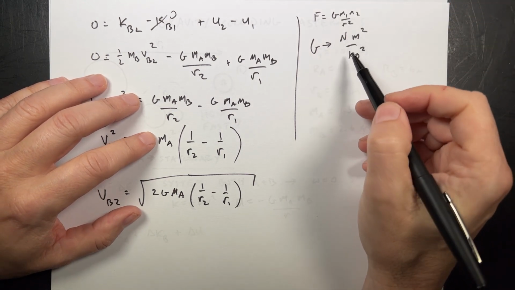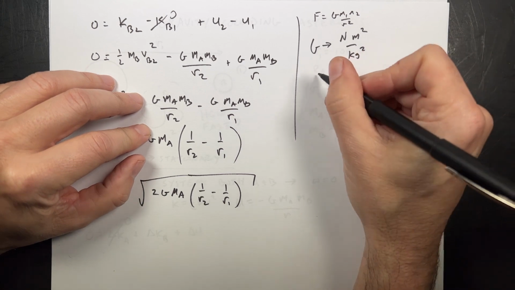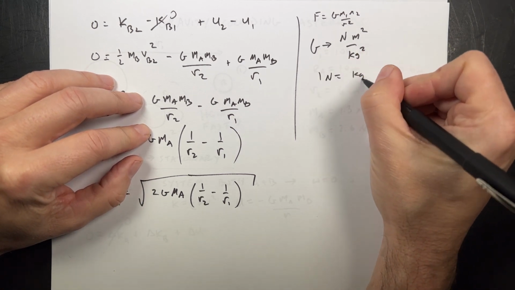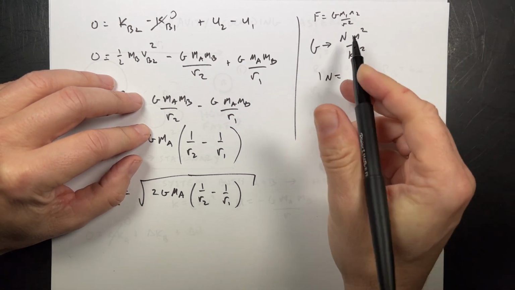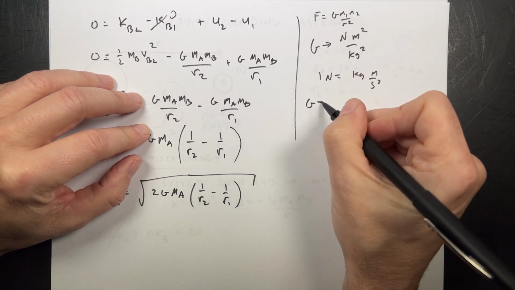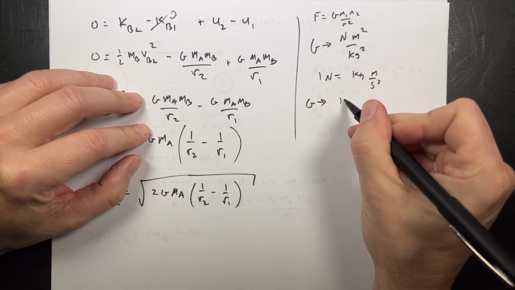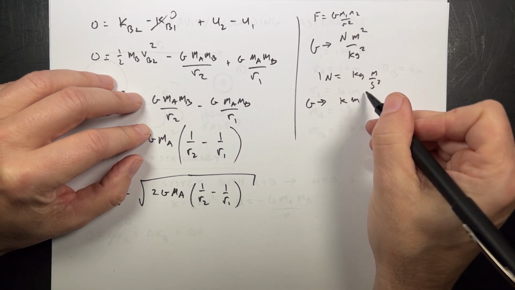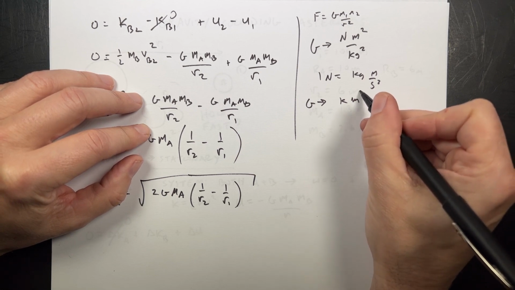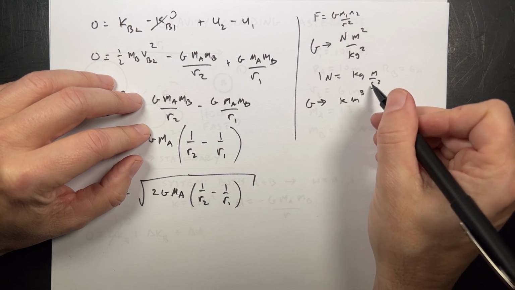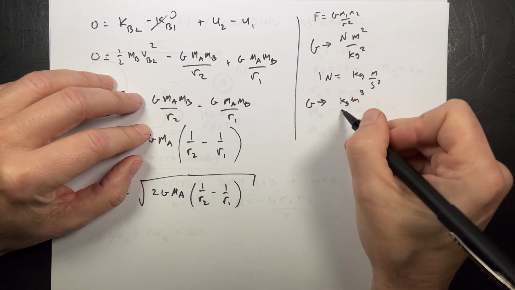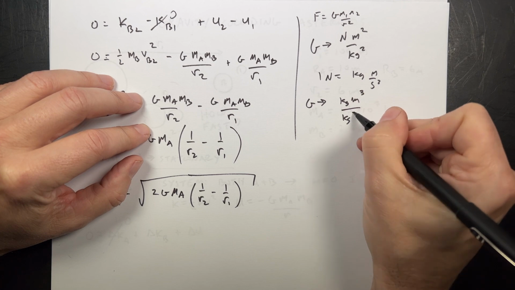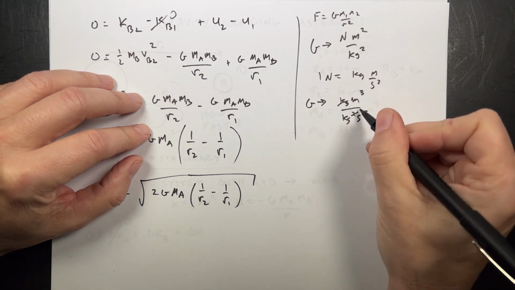So I have to get that in terms of newtons. And 1 newton is equal to a kilogram meter per second squared. So if I put that in, I get G in units of kilogram meters cubed per kilogram squared, second squared. So one of those cancels.